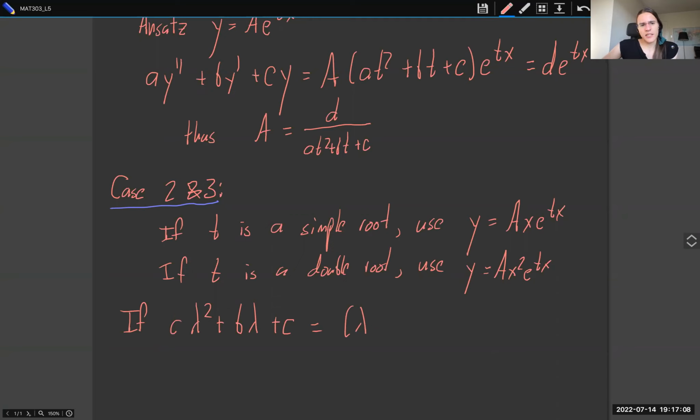Or rather, I'll keep it out front. Let's say this is equal to a times lambda minus t times lambda minus s, for t not equal to s.